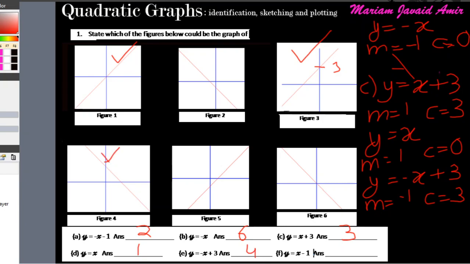It is a falling line and it's touching the y-axis at +3. And then part F is y = x - 1. So again the slope is +1 and c is -1. So a rising line which touches the y-axis at -1, so that is figure number 5.